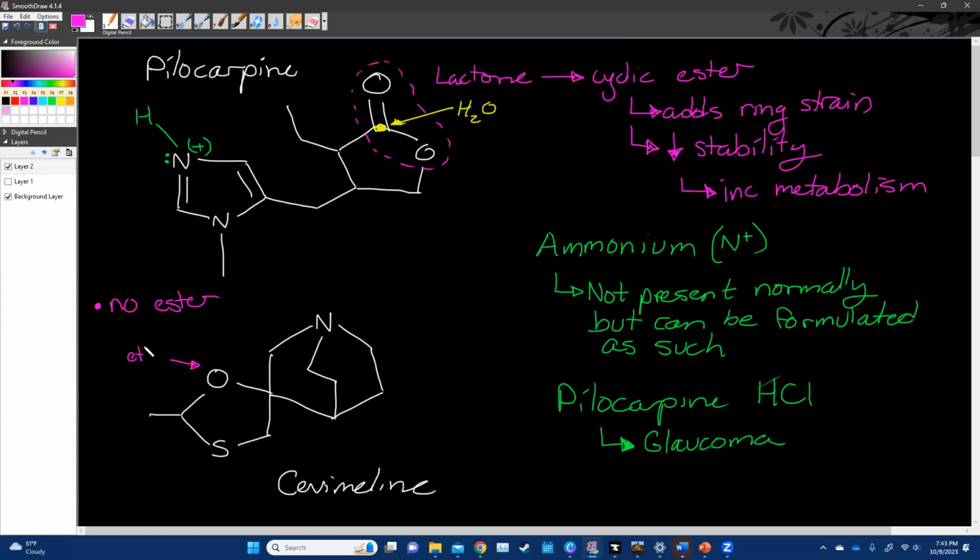We have an ether. Exactly. So if you have no ester, are you going to be metabolized through acetylcholinesterase? Not at all. So of all of our drugs, who is going to be the most stable? This one. Super, super, super stable.